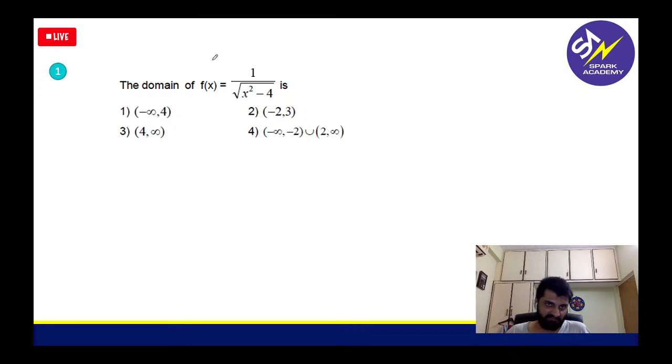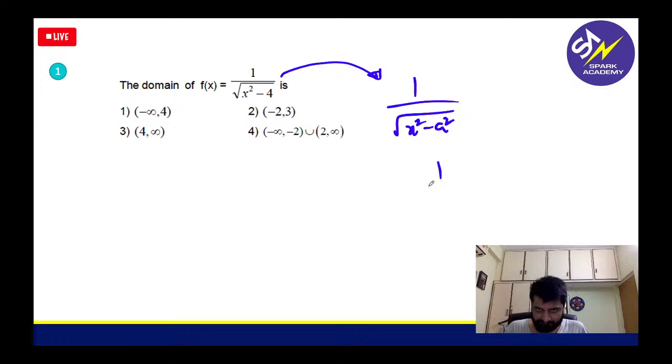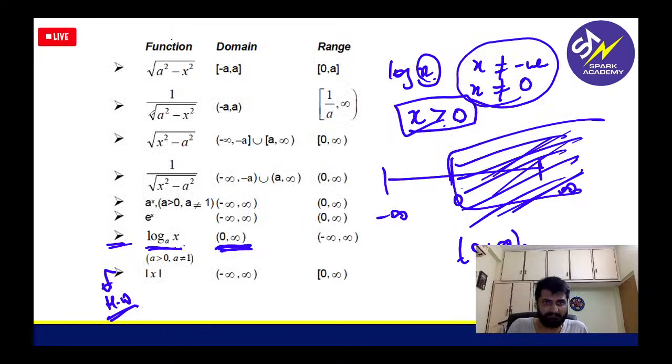Guys, you can start solving. There are 2-3 ways of solving. One way is, you know the standard ones. What are the standard ones? This is like x square minus a square, so I can write it as x square minus 2 square. In the standard table which we derived, for 1 by root of x square minus a square, what is the domain?